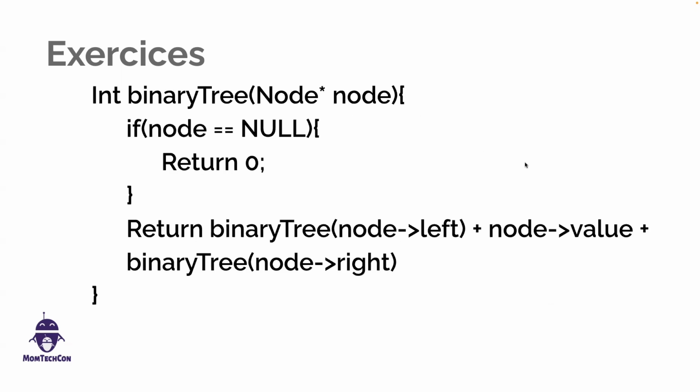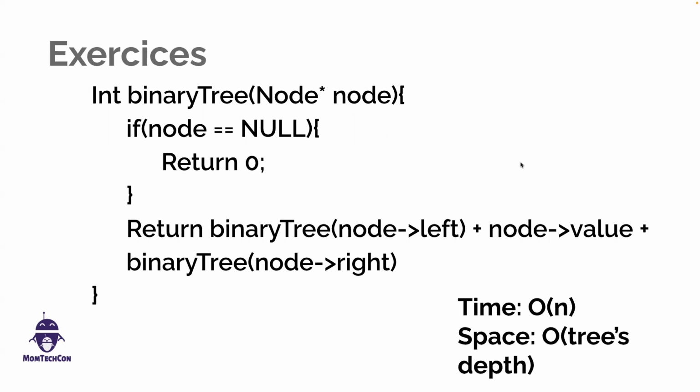Okay, how about this one? Well, this one, it's a binary tree. And in terms of time complexity, we say that it's O of n because we are looking at all the nodes of our binary tree.